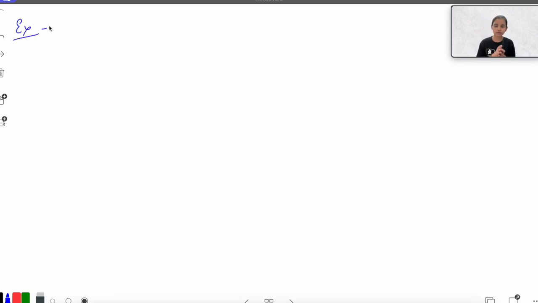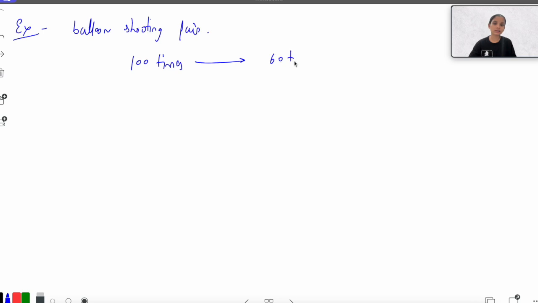For example, consider that you are at a balloon shooting fair. You have tried 100 times, with a gun, and out of these 100 times you have hit the balloon 60 times.